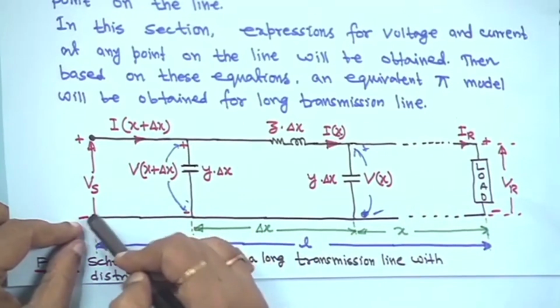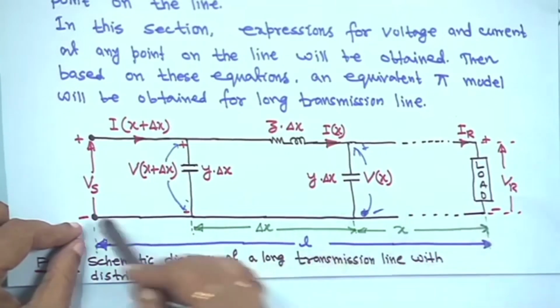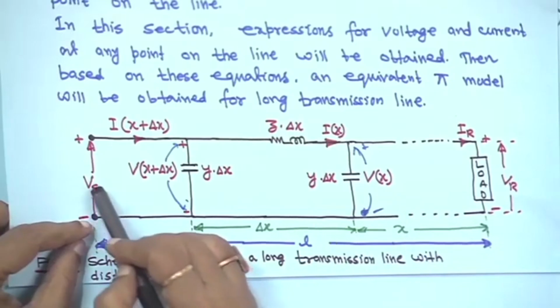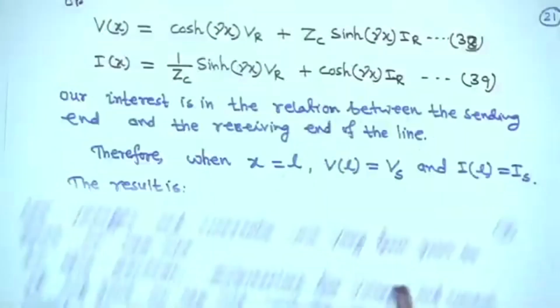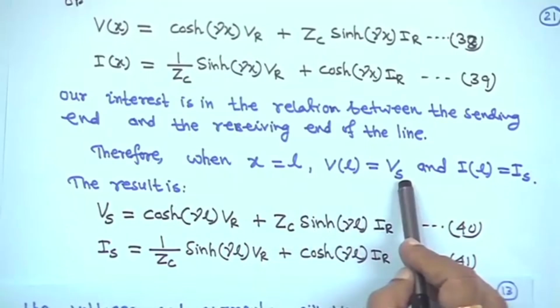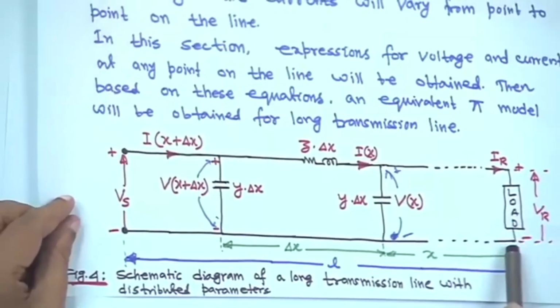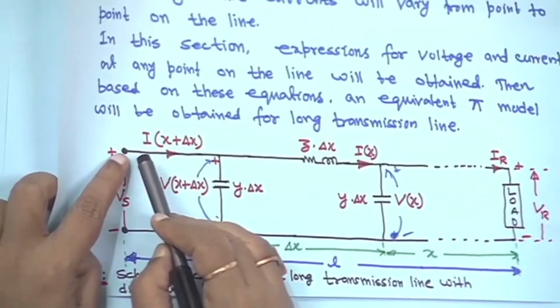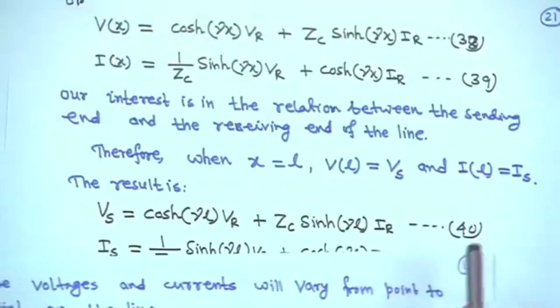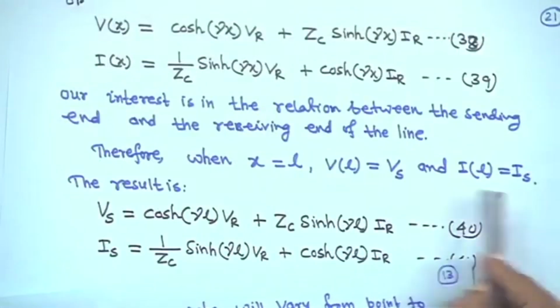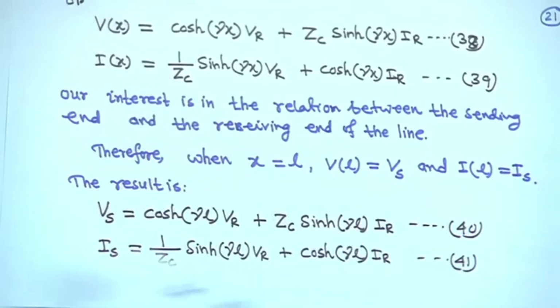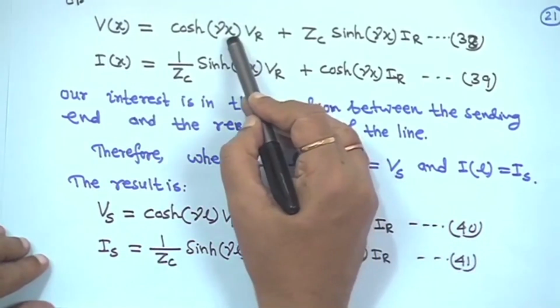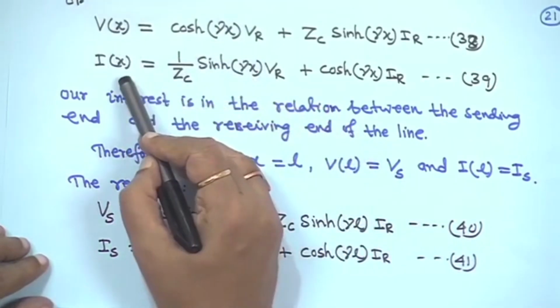So, when x is equal to L, your V L is equal to V s, and on this side also, when x is equal to L, at this point your I L will be equal to I s.